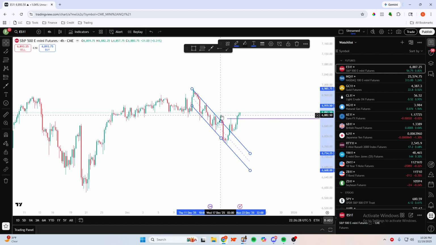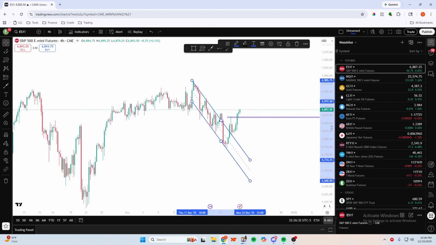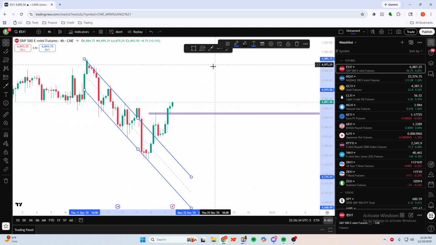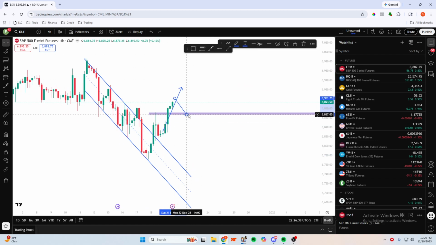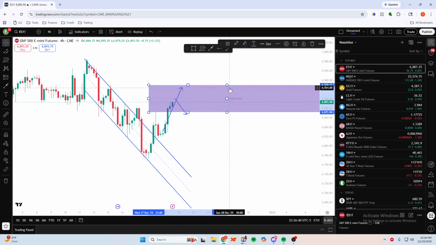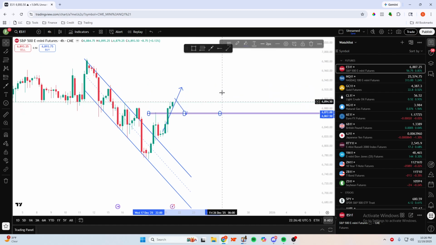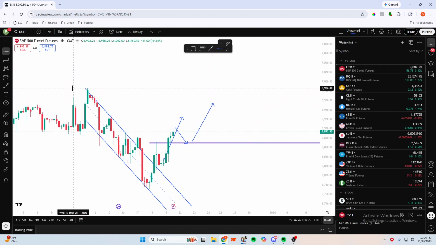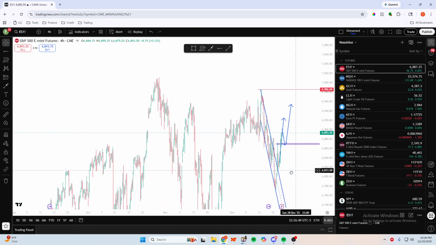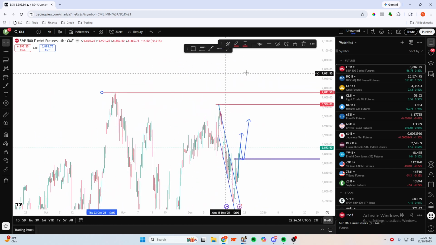We got a break of the line, new low, and then here we got a market structure shift. Logically speaking, I would like to see this level retested. So if price pulls back up, I would like to see a retest of this level at some point to go higher. The most logical thing here would be to take out this high here and have some sort of trend continuation to potentially take out all-time highs.